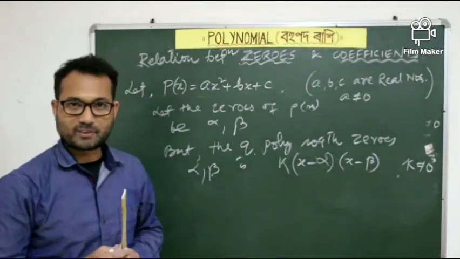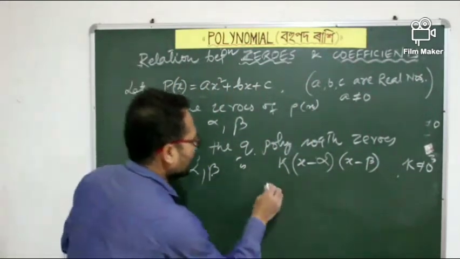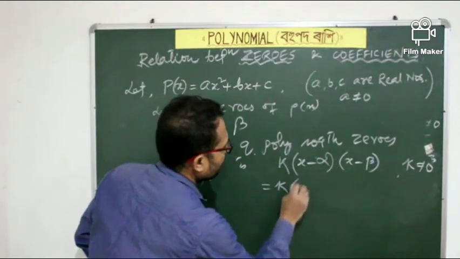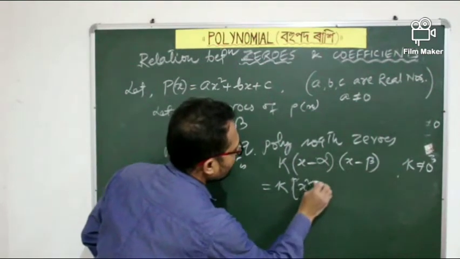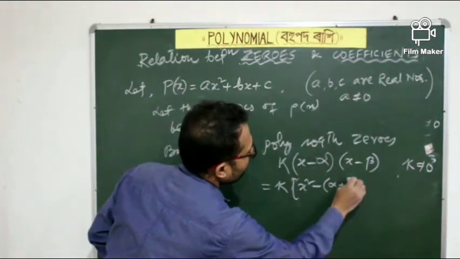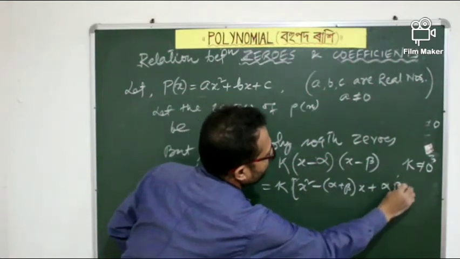We got this a little while ago. So in this case it will be k times x squared minus (alpha plus beta) times x plus alpha beta.